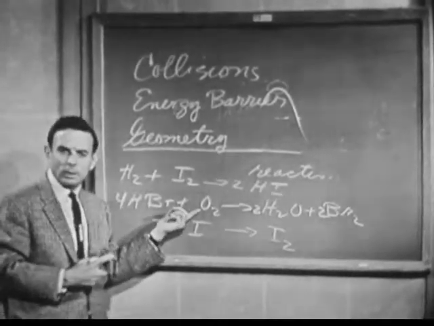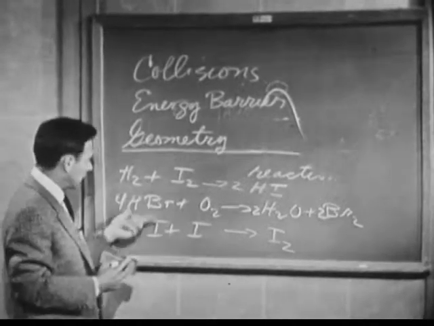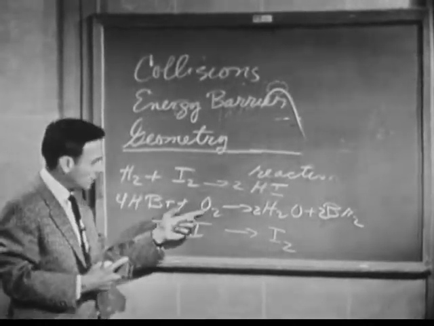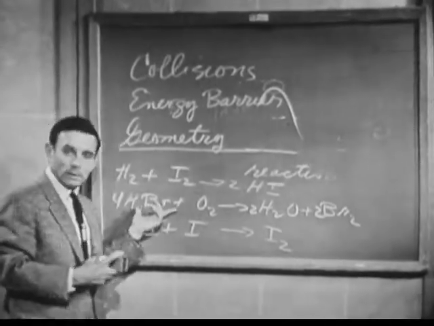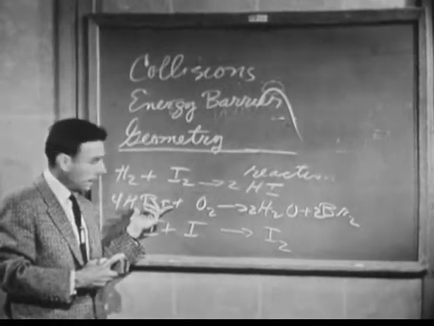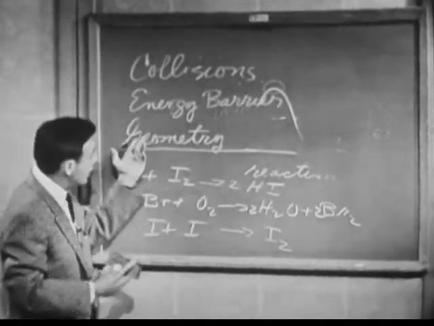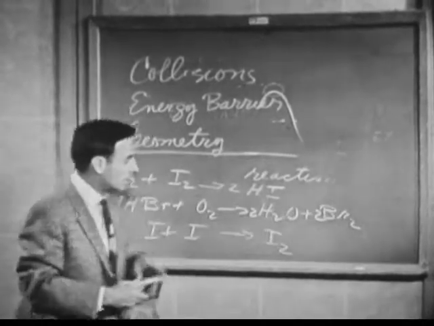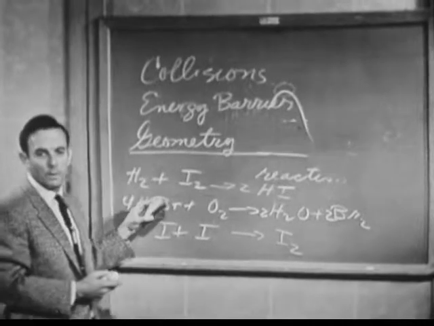That seems to be an extremely unlikely event, that we'll have 5 particles get together, 4 of them HBr and 1 oxygen, in order to have the reaction proceed. And indeed, that process is a very slow one. It is very difficult for such a collision to occur with good geometry and have the reaction proceed. Consequently, a reaction like this would be expected to be very, very slow.